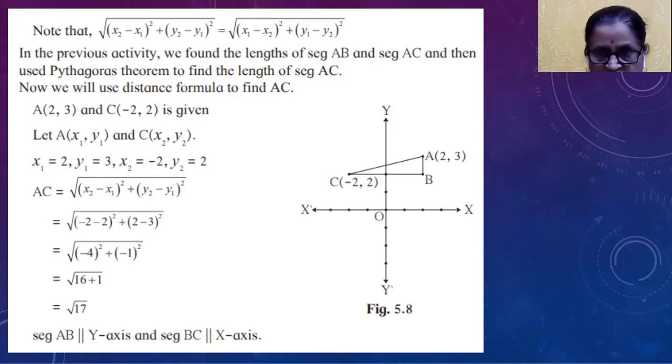It is given in the book. In this next one, a triangle is also given and its coordinates are given. In previous activities, we saw segment AB and segment AC, and then used the Pythagoras theorem to find the length of AC. We are going to find the length of AC.